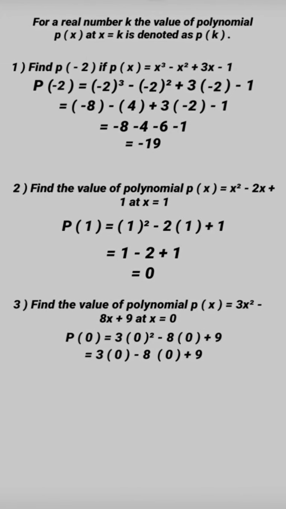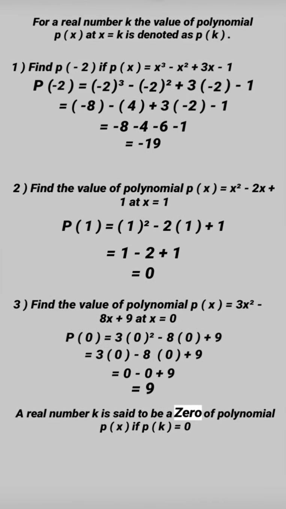So what do we get here? 3 into 0 minus 8 into 0 plus 9. And any number multiplied by 0 gives us 0. So we have 3 multiplied by 0 is 0, minus 8 into 0 is 0, plus 9. And this comes to be equal to 9 only. So p(0) is equal to 9.